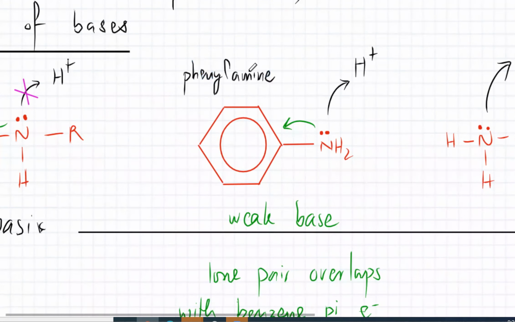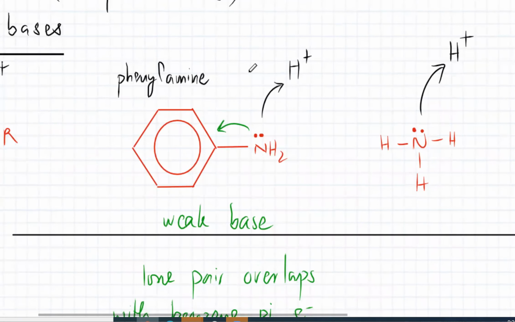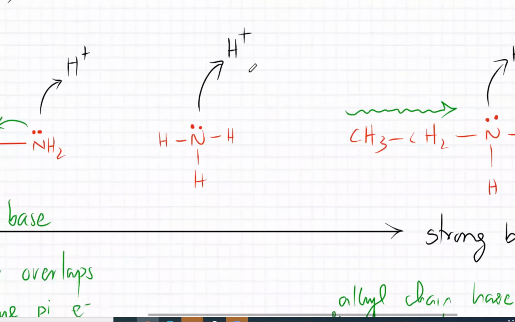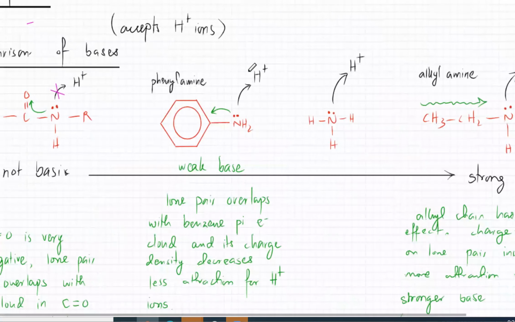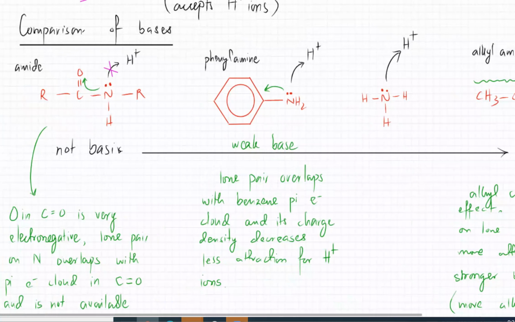So it's an amine with benzene. This one over here is obviously ammonia. This one is an alkylamine. So I've got these four compounds. I mean, ammonia is just a reference point.